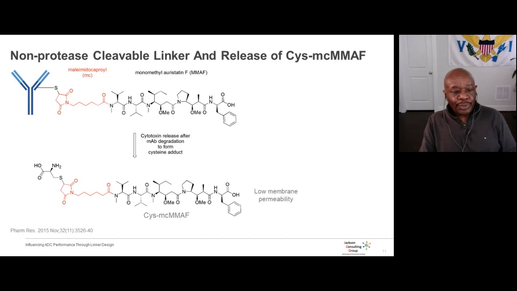So this needs antibody degradation in the lysosomal compartment, which leaves you just with the cysteine conjugated to the MC, the maleimide linker, and the active moiety, which is MMAF. This molecule has low membrane permeability, which means once it gets inside the tumor cell, it stays inside the tumor cell. So you're not going to get bystander activity with this type of linker payload system.